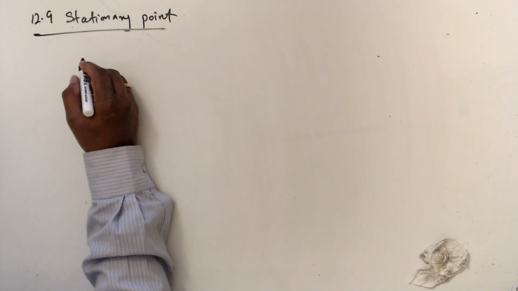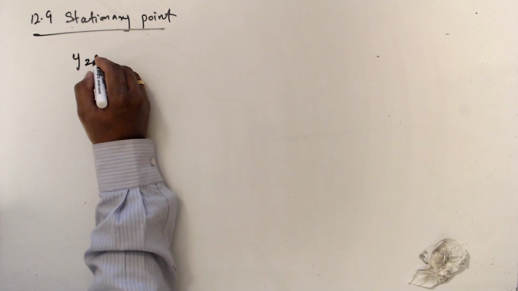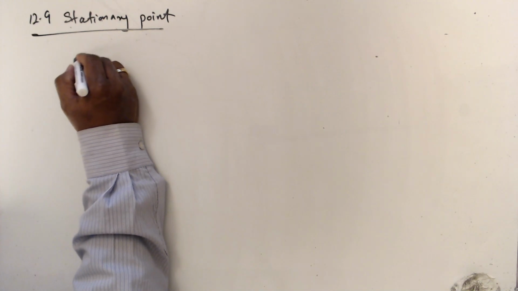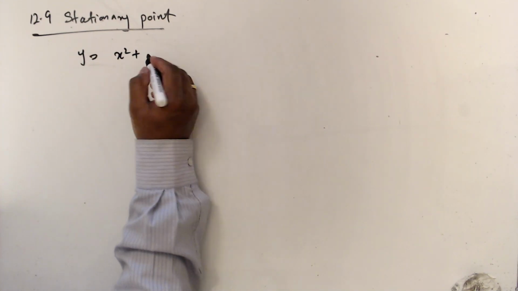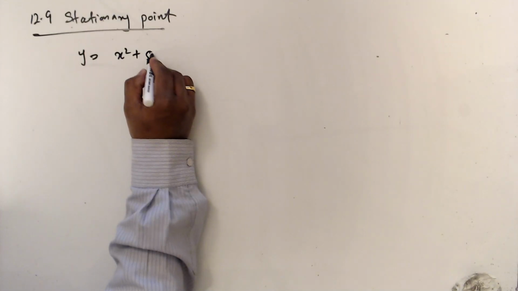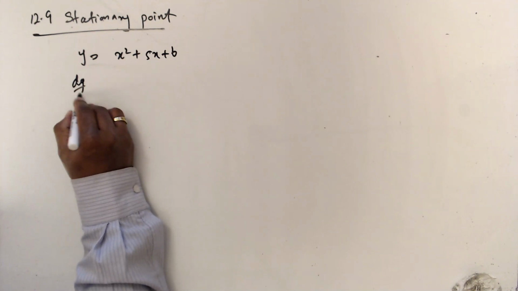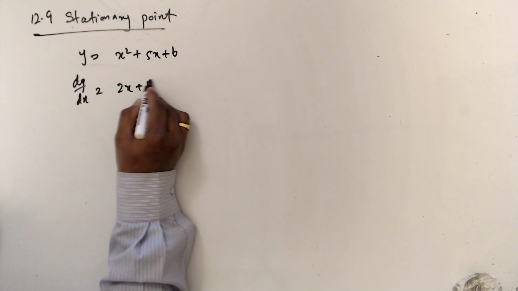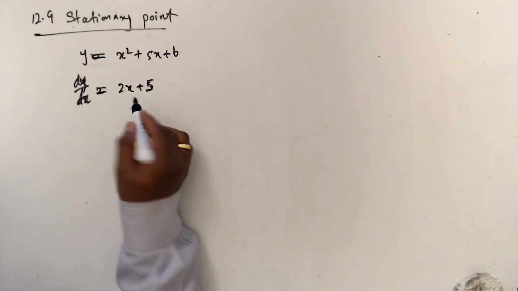Let's consider y equal f(x) equals x square plus 5x plus 6, then dy over dx is 2x plus 5. Now I have dy by dx.